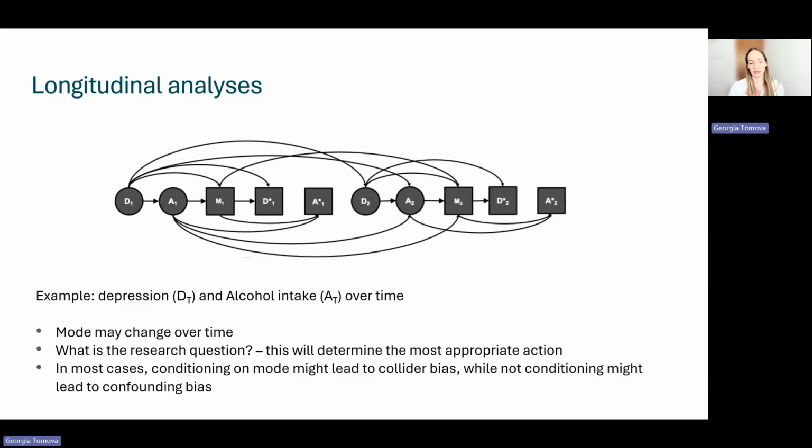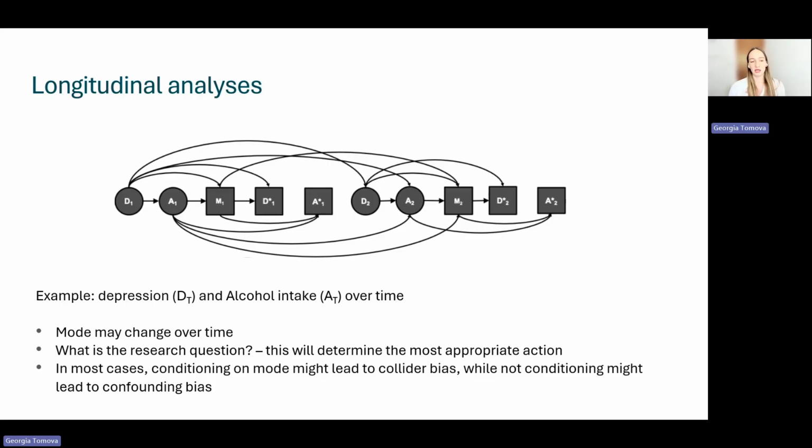What we have in this example here is that we might also have mode changing over time. So we might have different instances of the mode variable. And so in this figure, we have depression at 2 time points, alcohol at 2 time points, and mode at 2 time points, in addition to both the latent and the observed depression and alcohol variables.